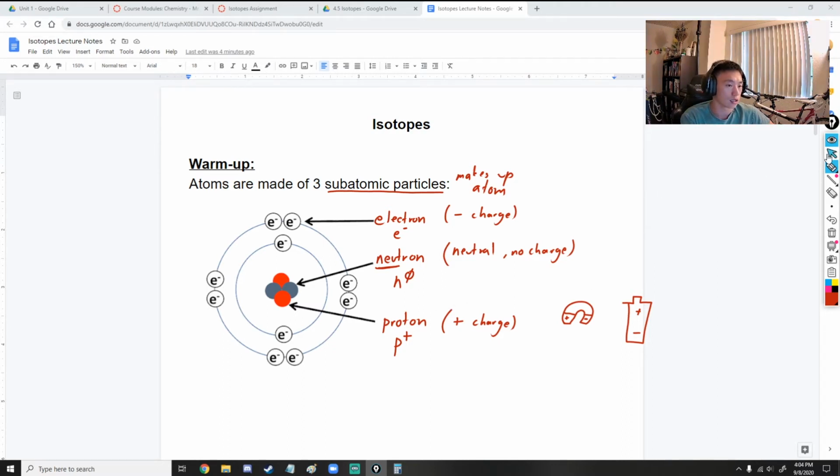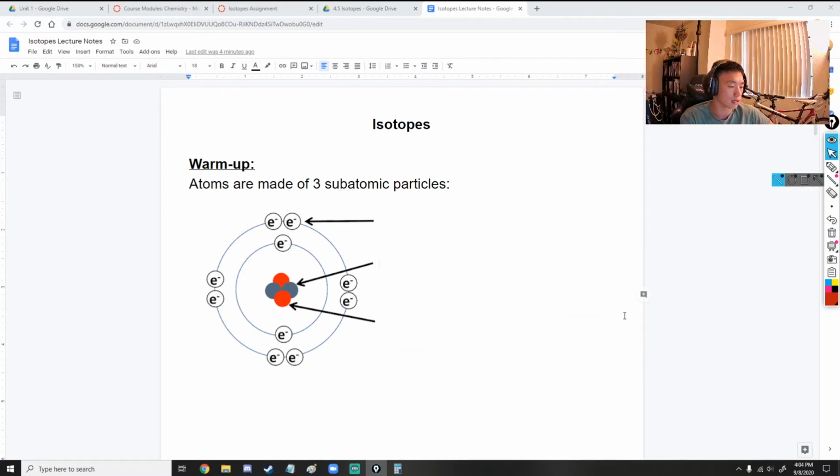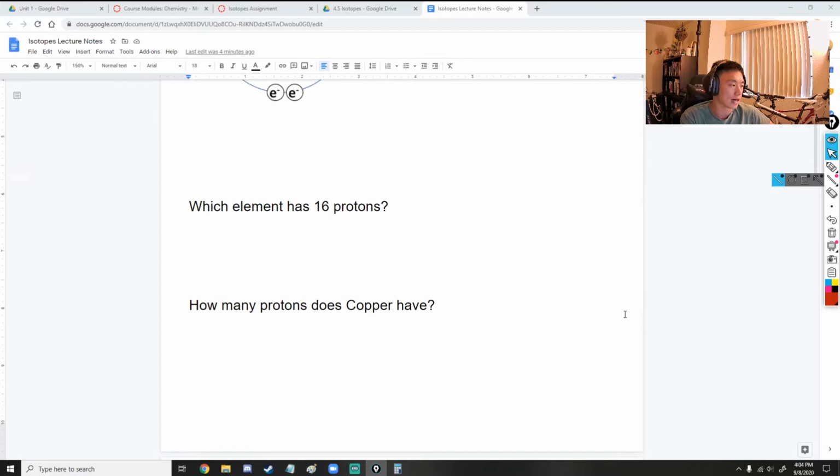Okay, so the last time that we met, what we did was we went over how we can tell what an atom's identity is. Okay, and we said the last time that we met that the identity of an atom, so whatever element an atom is, is determined by the number of protons.